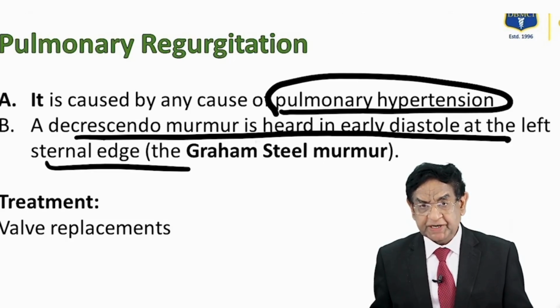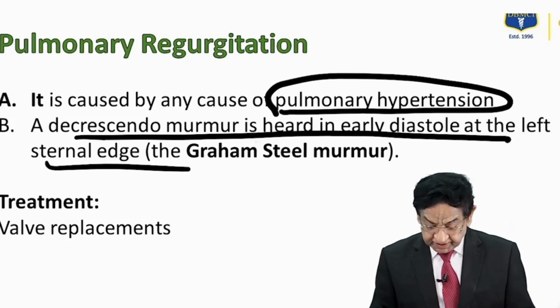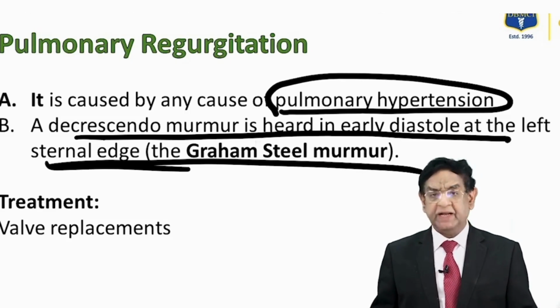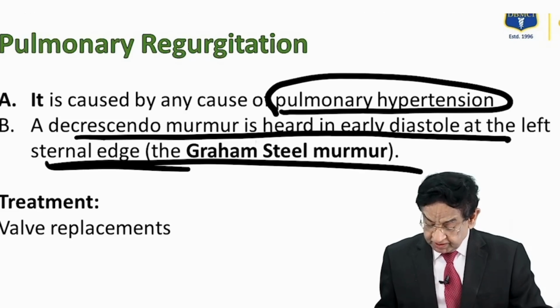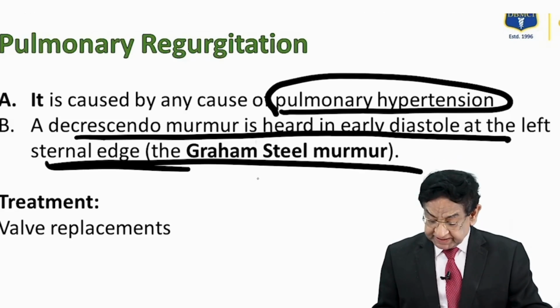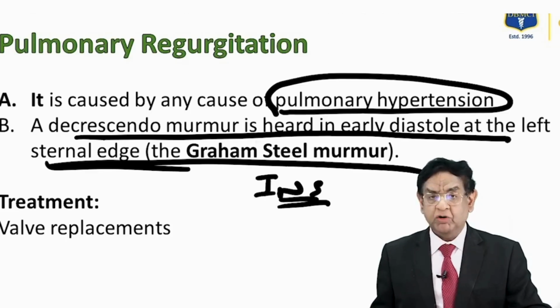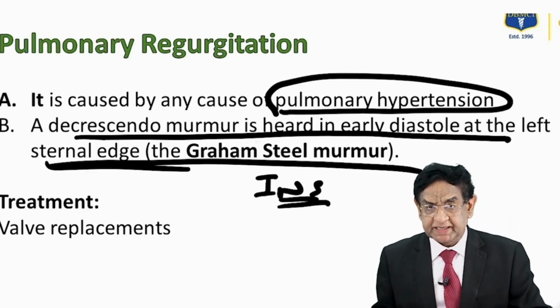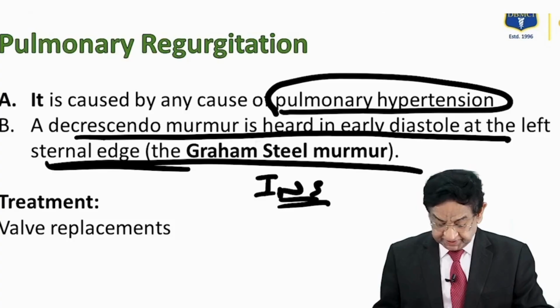But that location was different, and here the location is the left sternal edge, and this is the so-called Graham-Steell murmur. Okay. Well, again, this murmur will increase in intensity on inspiration. As a rule, all right-sided sounds and murmurs increase in inspiration, and left-sided murmurs increase on expiration.